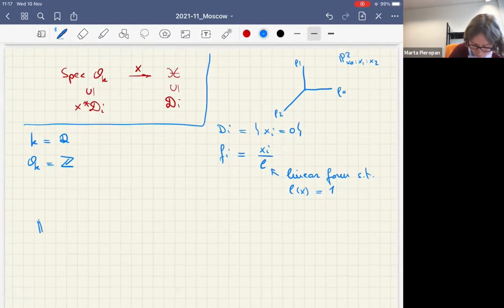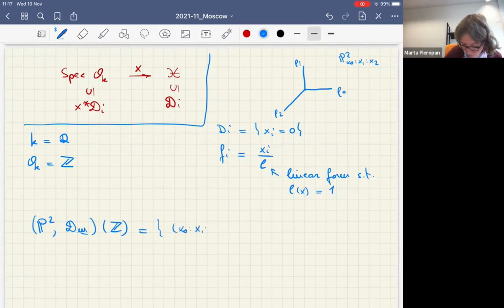So the set of Campana points on P2 with some parameters m0, m1, m2, say over Z, so that it's simpler to write down. Let's just write it like this.